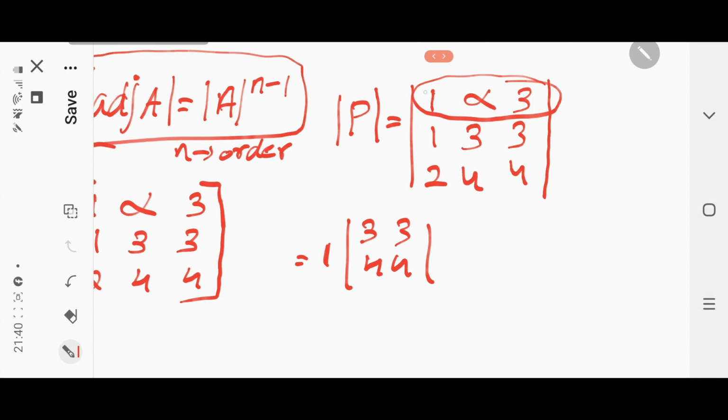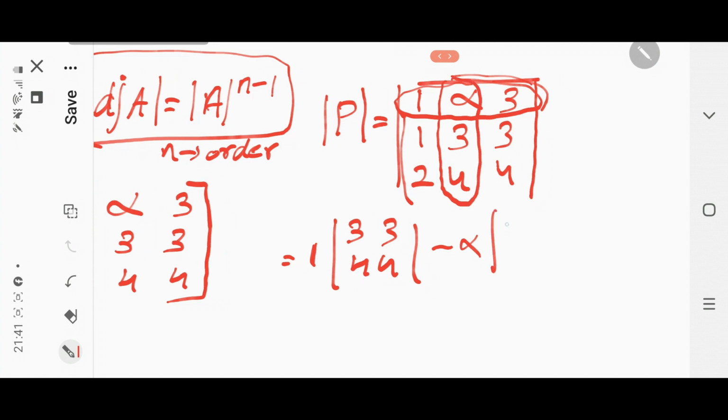Then take alpha, with a minus sign, remove the row and column with alpha, and you get 1 3 2 4.